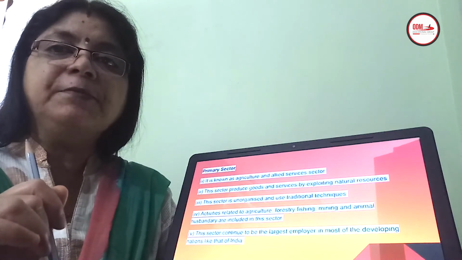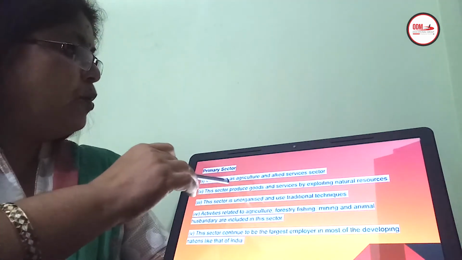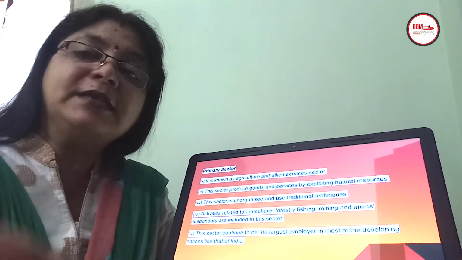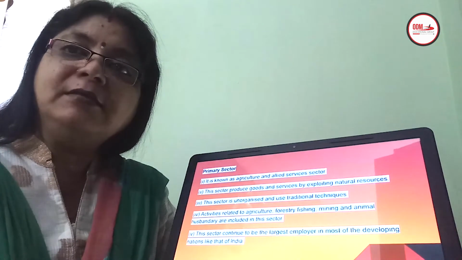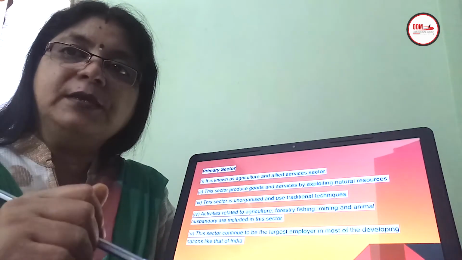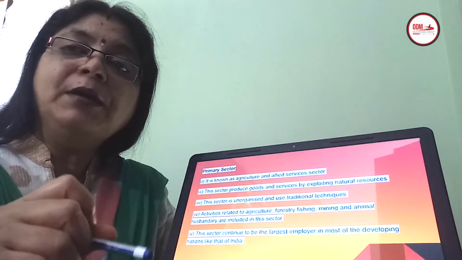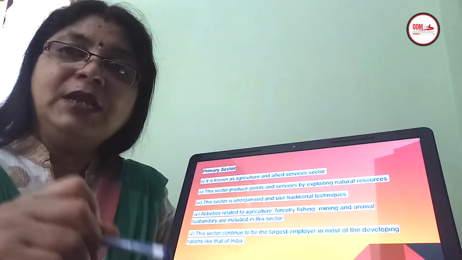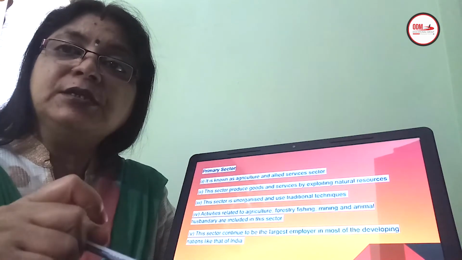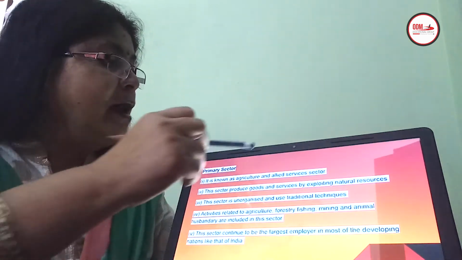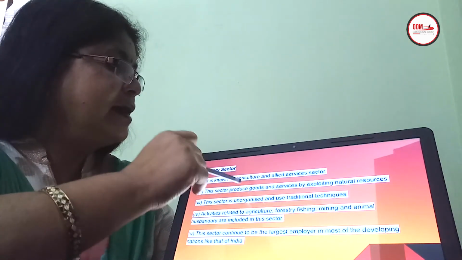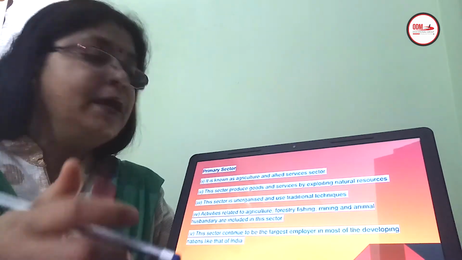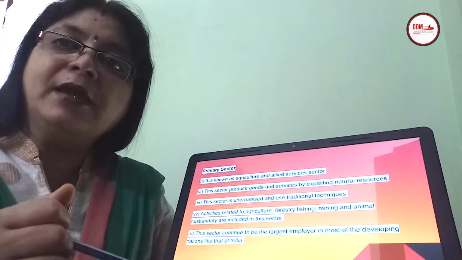Then what is the primary sector? The primary sector is known as the agriculture and allied services sector, also known as the allied agricultural sector. People rearing animals is allied agriculture. People doing beekeeping for honey is an allied agricultural activity. Viniculture, sericulture, horticulture, all these are allied agricultural activities.